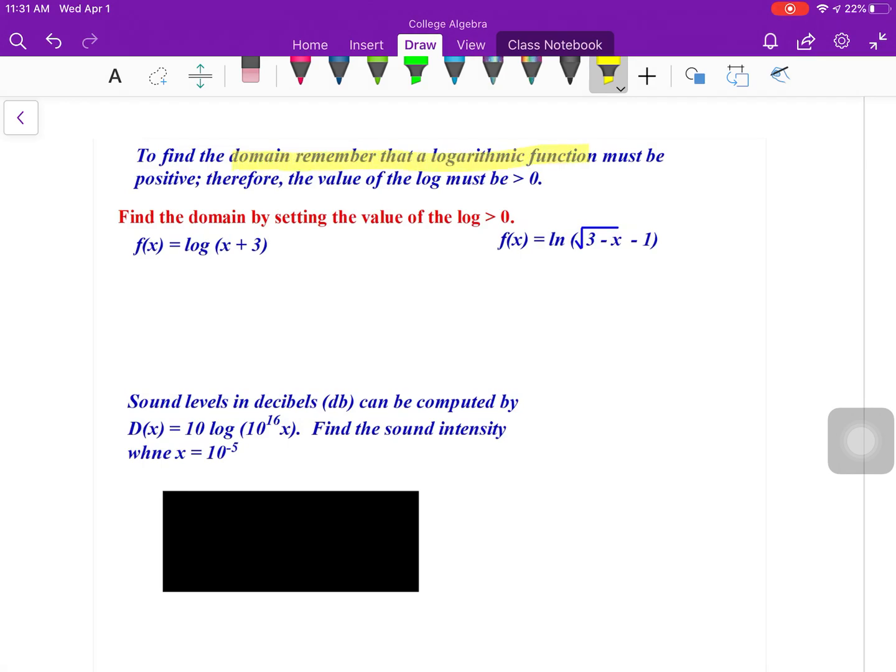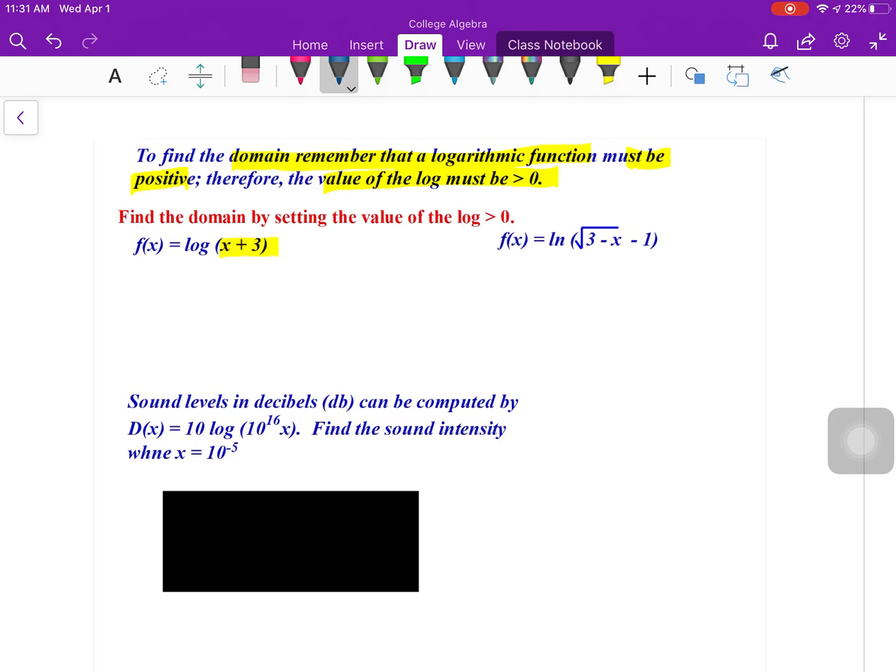If you are finding the domain of a log function, remember that the value must always be positive. So that means the value must be greater than 0. That's how we write must be positive. So in this equation, y equals log of x plus 3.